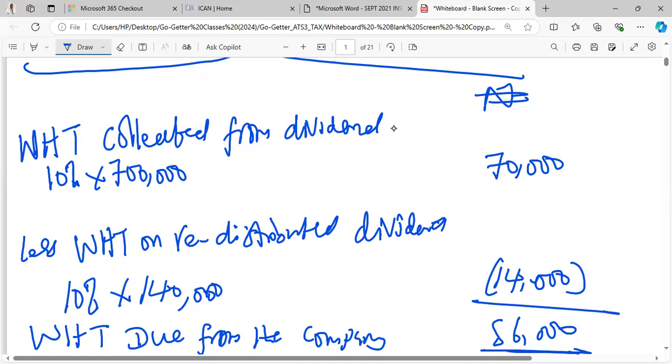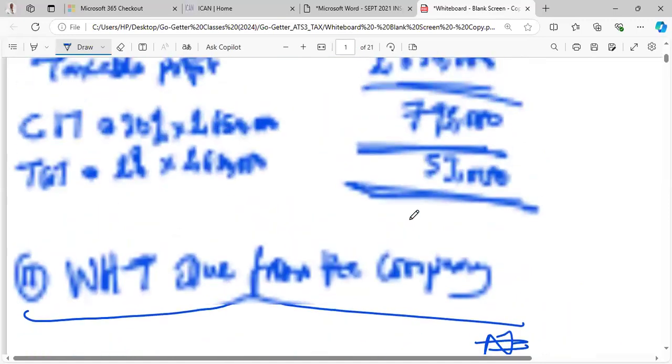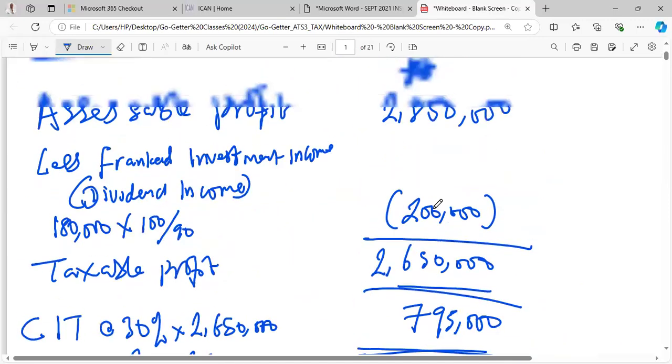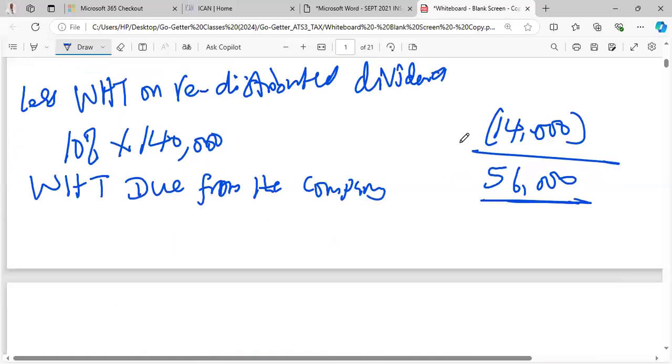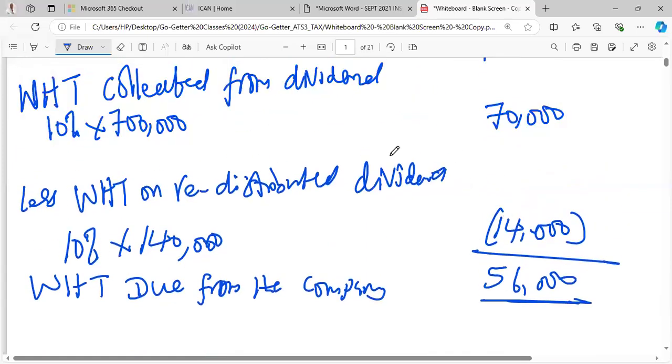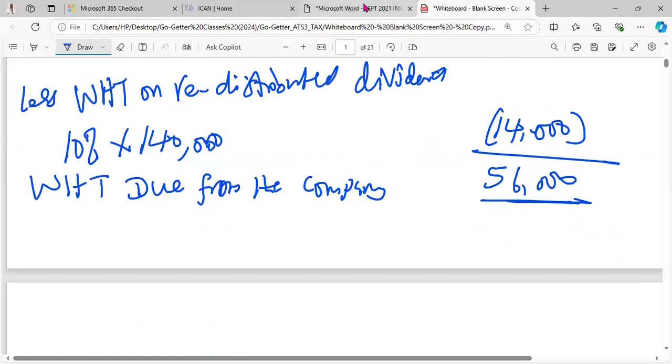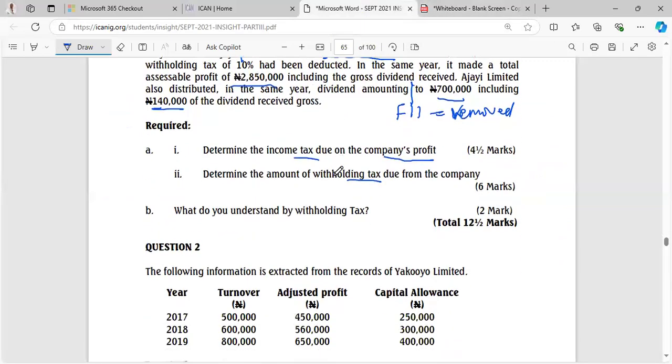This is the amount that the company is going to pay to FIRS as dividend. It has to remove the 14,000 that has suffered dividend. Normally, it is 20,000 that has suffered, but because they didn't distribute the whole 200, they only distributed 140. That's why 14,000 is going. So that's question number one for you here.